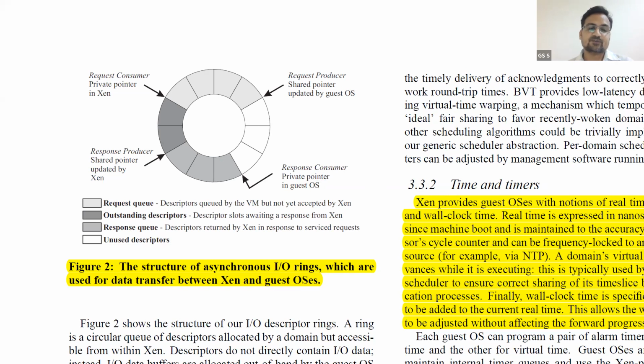Then there are 2 pointers which are privately held by either Gen or guest operating systems. So you can recall the producer-consumer problem from operating systems used in the critical section, right? And the producer-consumer problem can provide pure mutual exclusion, a solution to the critical section problem, because it follows all the 4 properties of bounded waiting, mutual exclusion, no preemption, and progress, right? The same producer-consumer problem is used here.